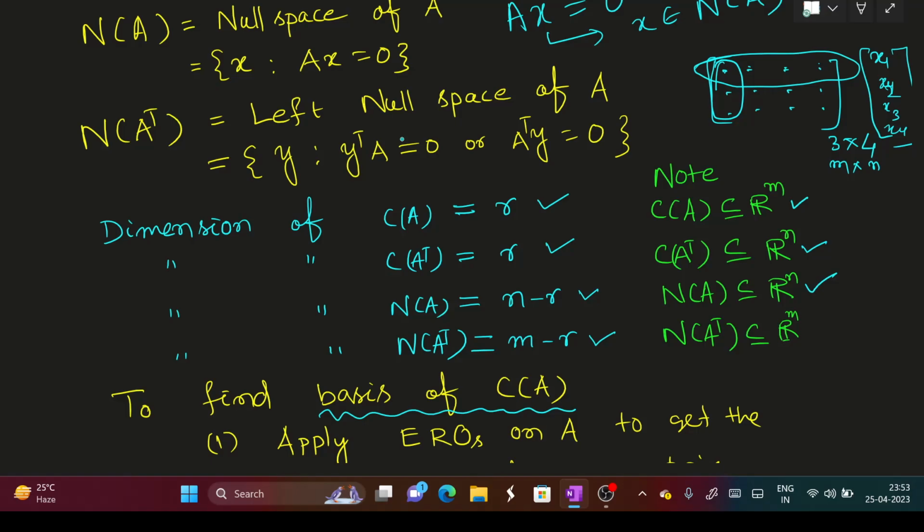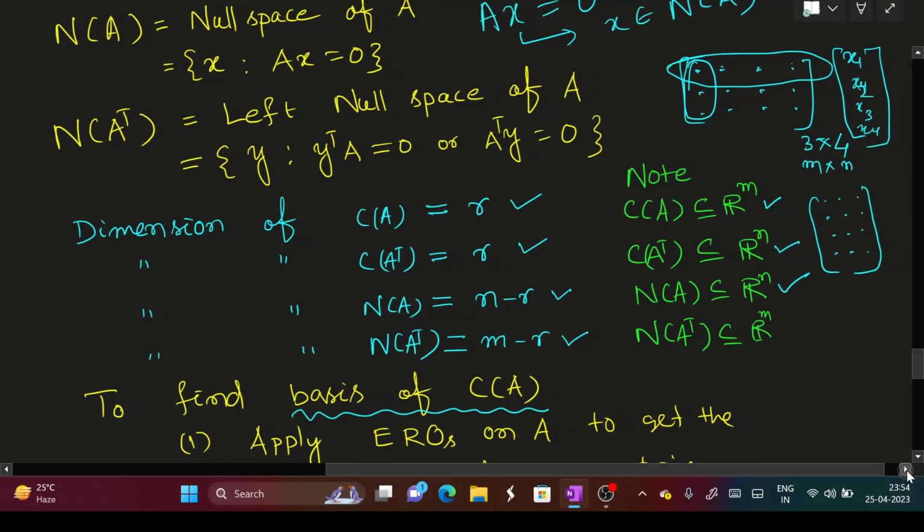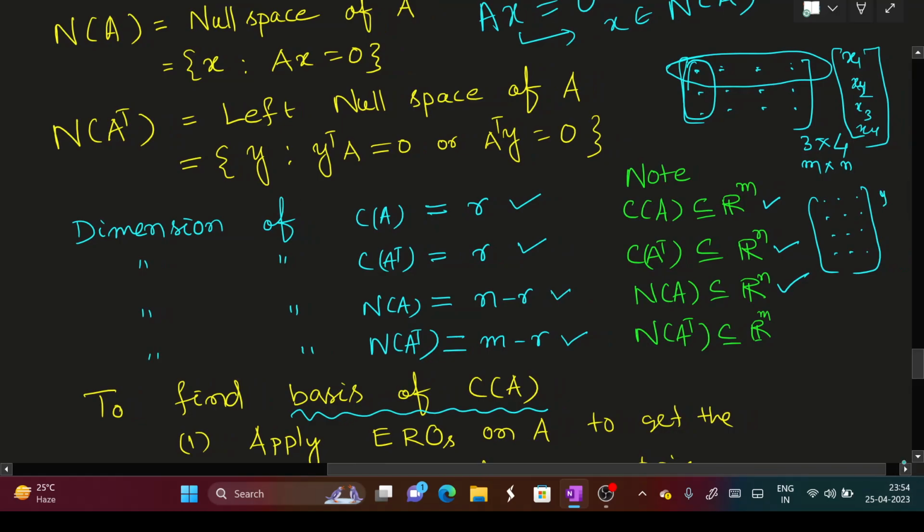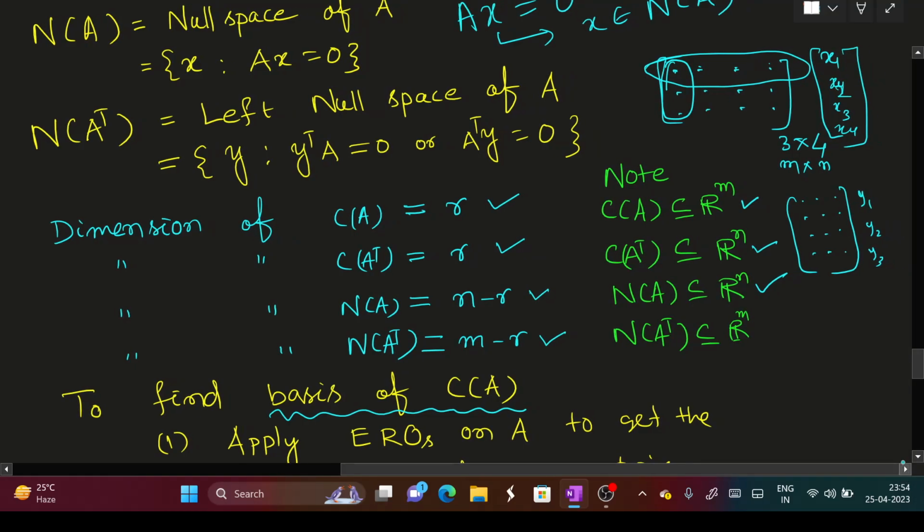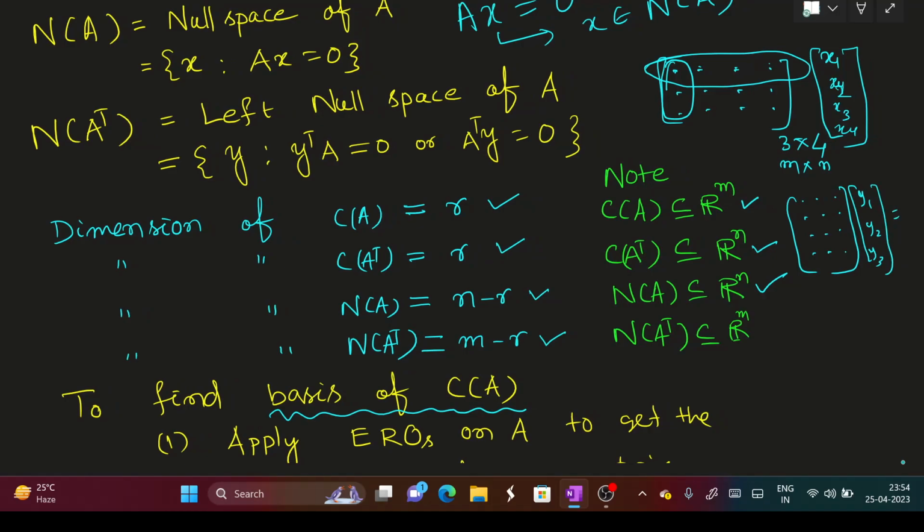Similarly, for the left null space, it will be multiplied by A transpose. A transpose looks like this: 1, 2, 3, 1, 2, 3, 1, 2, 3, 1, 2, 3. This is my matrix. I will multiply a vector y, that is y1, y2, y3, with this matrix to get my zero vector.